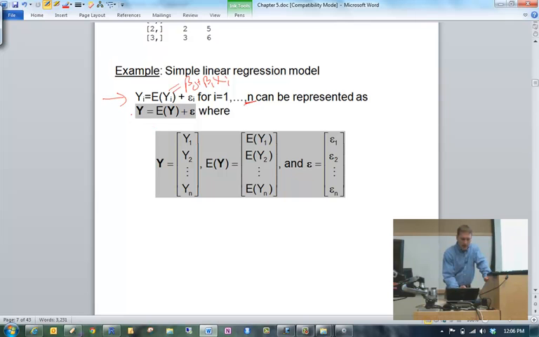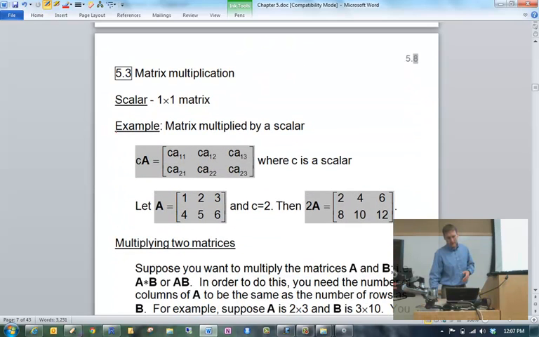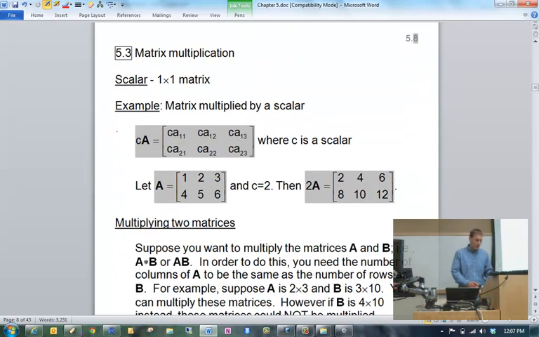We can write this now in terms of matrices. The bold y is equal to the expected value of bold y plus bold epsilon. This is our model in terms of matrices. We'll look at other examples later. Okay, section 5.3, matrix multiplication.